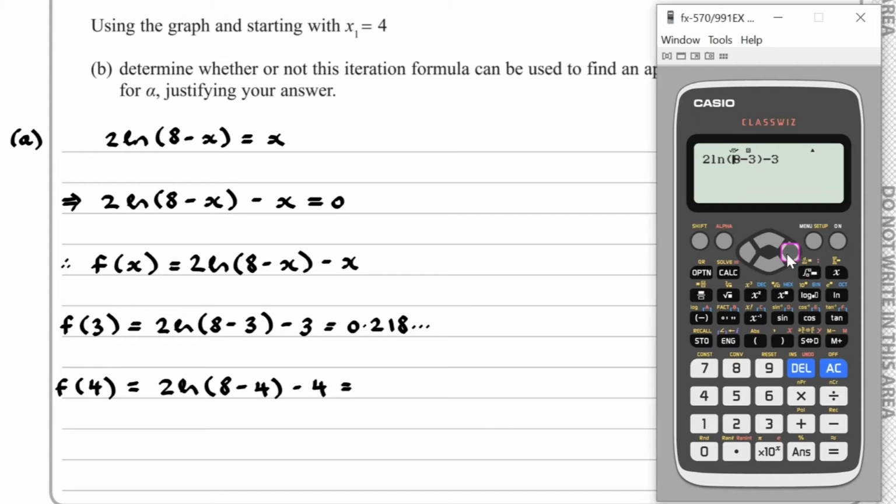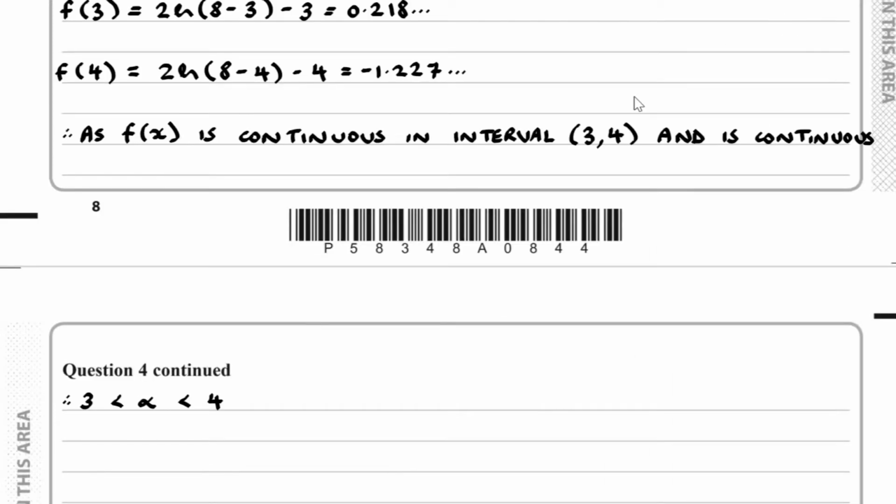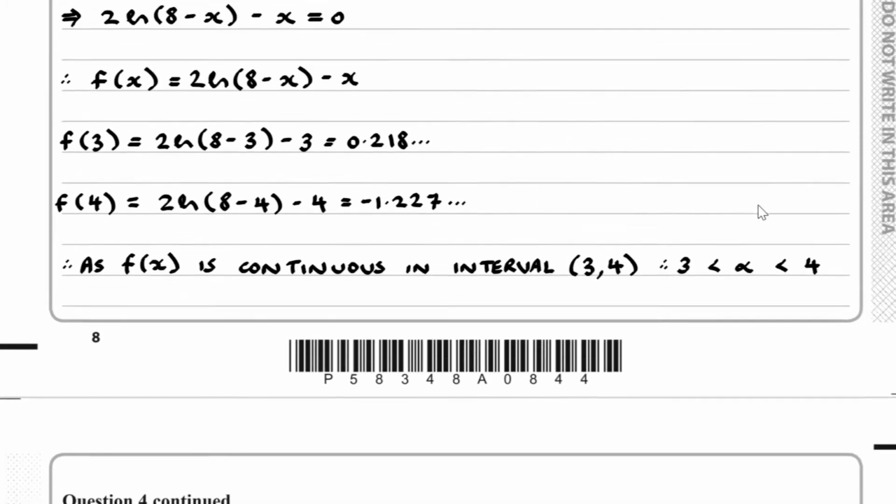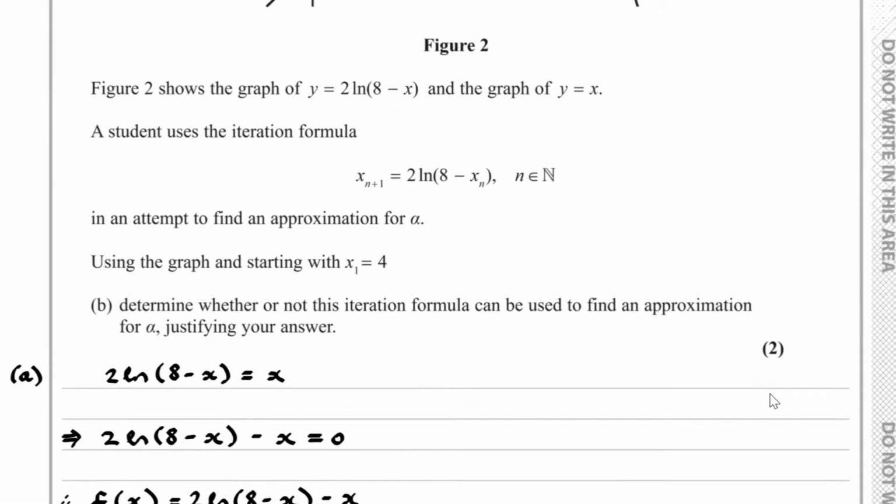And if I work out what this is, it turns out we get negative 1.227, etc. And so what we can say then, as f of x is continuous in the interval 3 to 4, there is a root between 3 and 4.